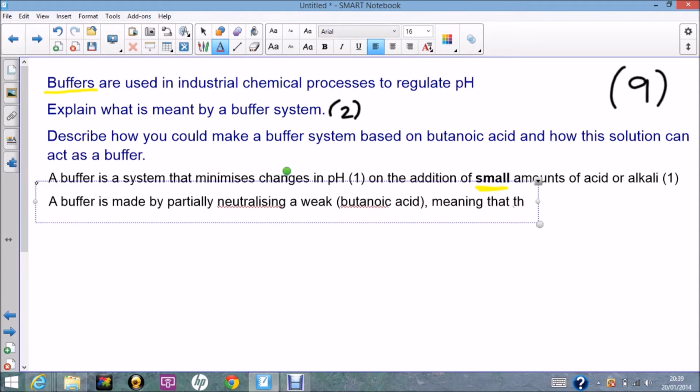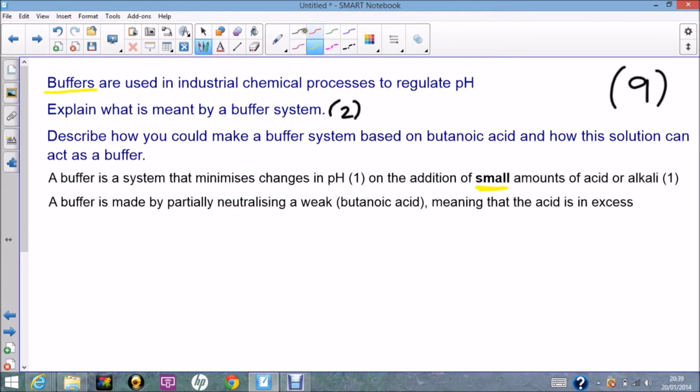Meaning that the acid is in excess. Okay, so we should get 1 mark for the explanation here. We need to make sure that we do say that the acid is in excess, and we should also mention partially neutralising it. Once we've done that, we're going to write an equation for that happening.